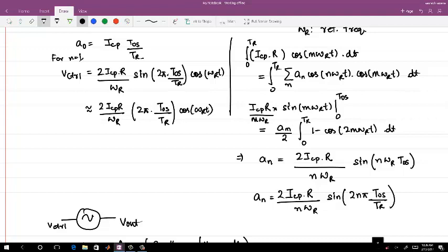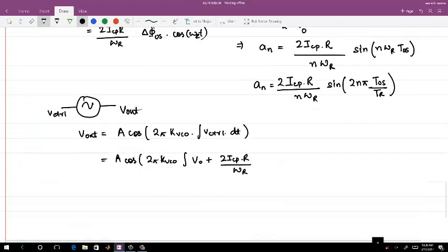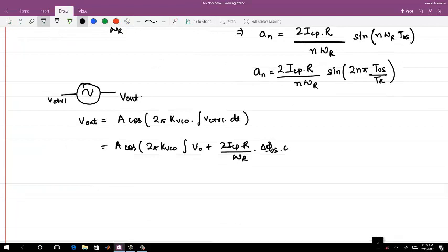If I write this term as a phase offset, then it is 2 ICP R by omega R into delta phi offset times cosine of omega RT.